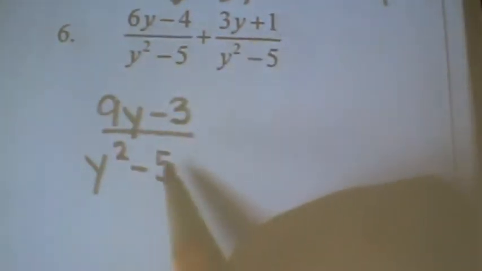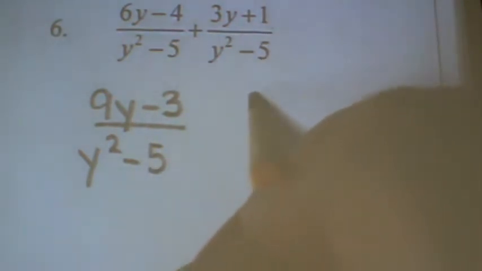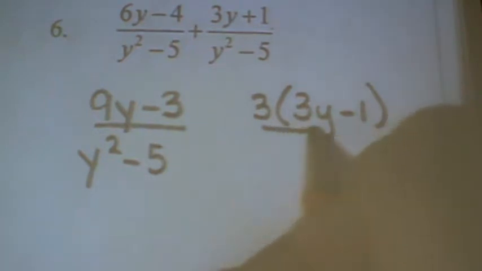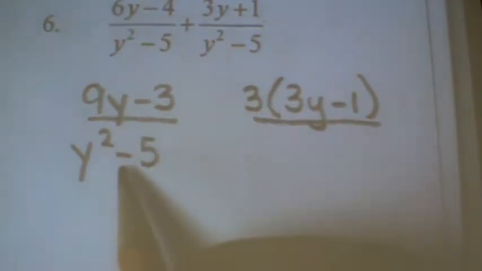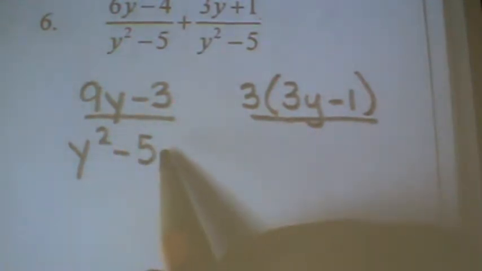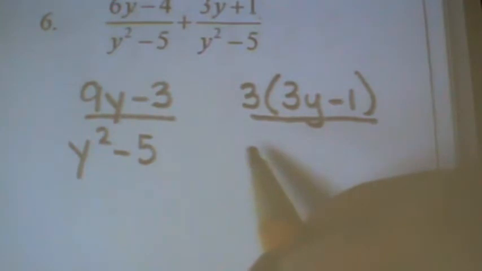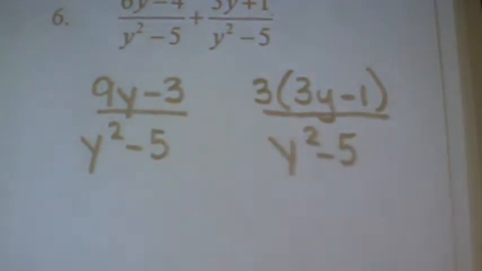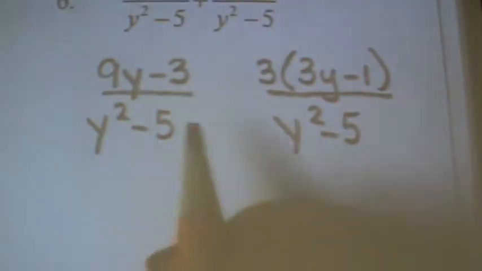Now, we could pull a 3 out of here. We could take a 3 out, but it's not necessary because I can't factor this. Now, if this was y squared minus 25, that's the difference of 2 perfect squares. There is a restriction on this one. Now, this is a little bit more complicated than the other ones.